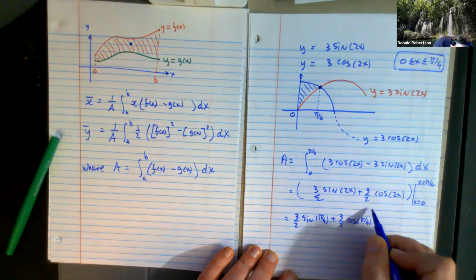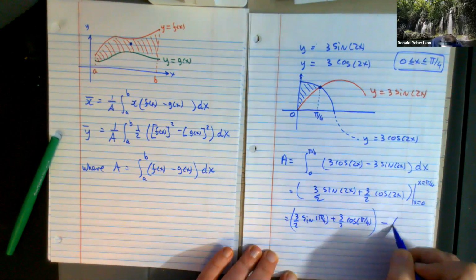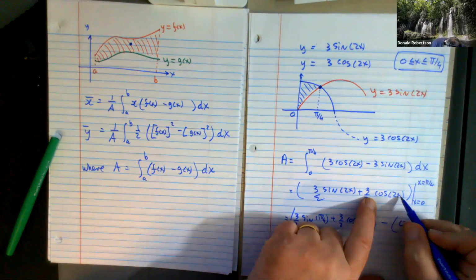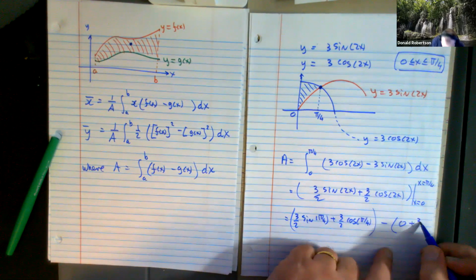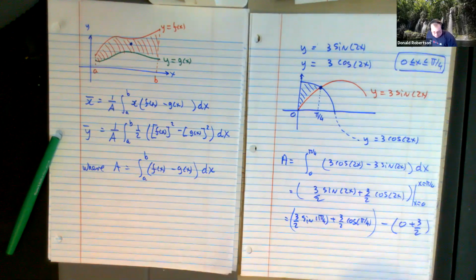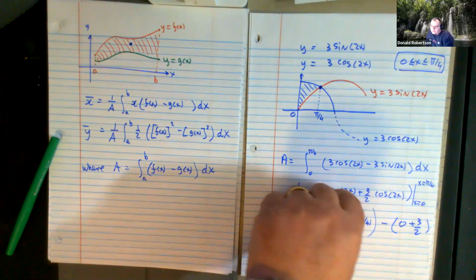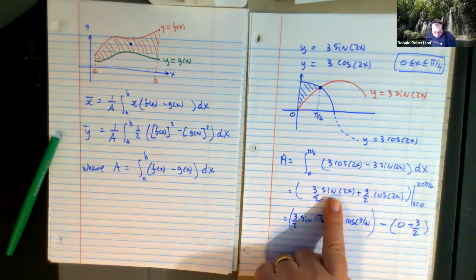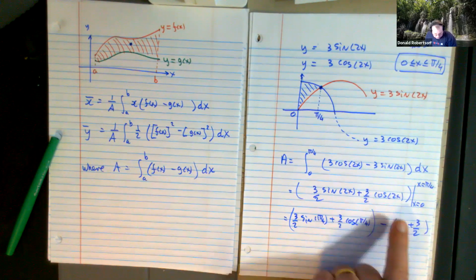That's the first lot. Take away the sine of nothing, which is nothing, and the cosine of nothing is 1. So can I just write 0 plus 3 halves for the second one, because I'm running short of space. So you put 0, you get 0 there. You put 0, you get cosine of 0, which is 1. So you get that.